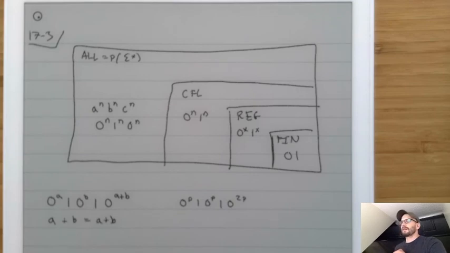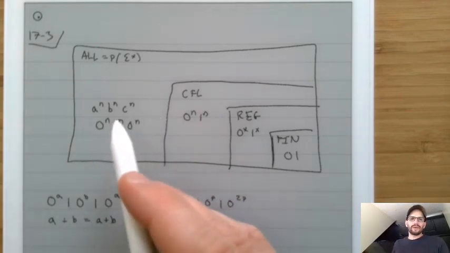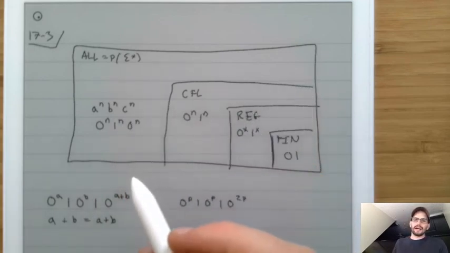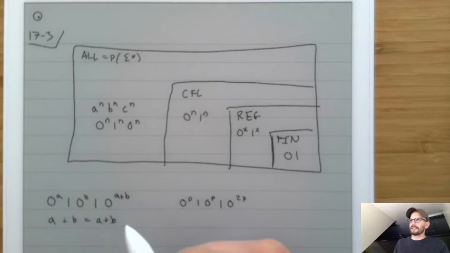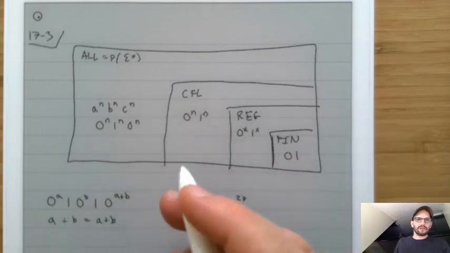All right. So once we know that 0^n 1^n 0^n is not inside of CFL, we can then just union that with any other regular language, for instance, other than sigma star, and get an arbitrary number of other things that are also not inside of CFL.